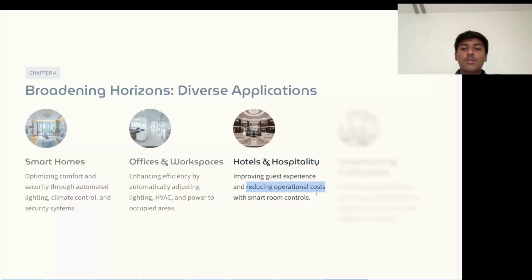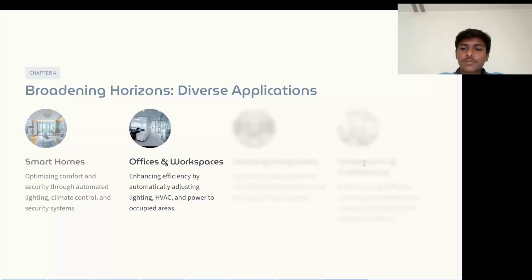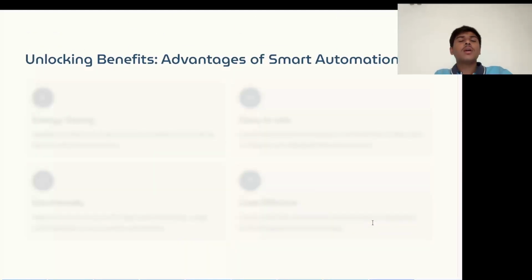Hotels and hospitality are very expensive in this respect, and we can reduce it with smart room controls. Classrooms and institutions: creating energy efficient learning environments that respond to occupancy and ambient conditions. Unlocking the advantages of smart automation.